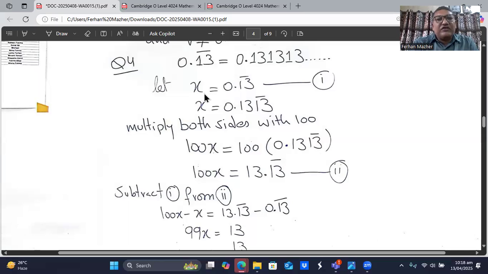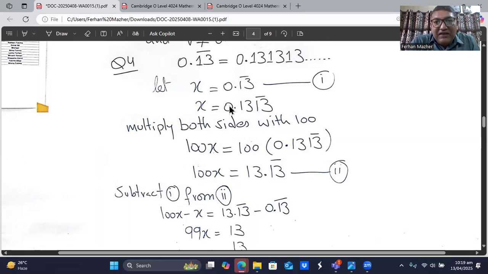So what I will do, I will suppose that x is equal to 0.13, and on 13 we have this bar. So one of the pairs I will separate, and on the next pair I will write 13 bar. Now I will multiply it either with 10 or 100 or 1000. How do I decide? You see here, the 1 and 3 which are going to reoccur are on the first and the second decimal place.